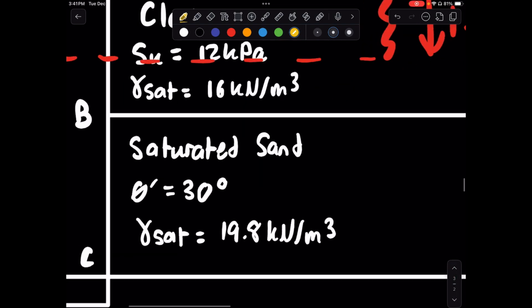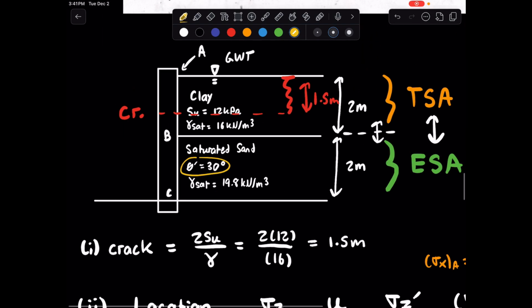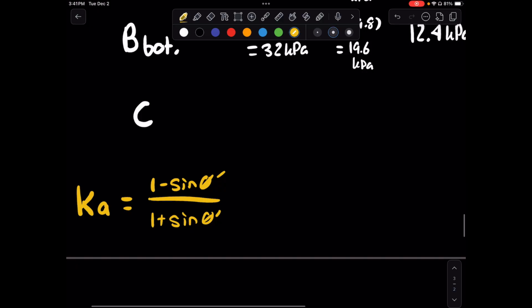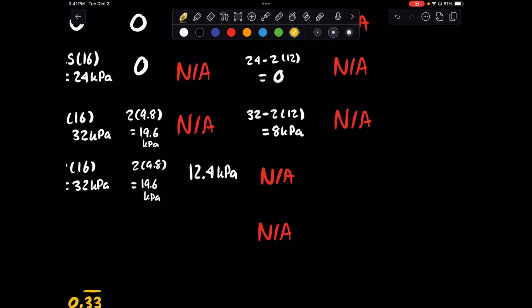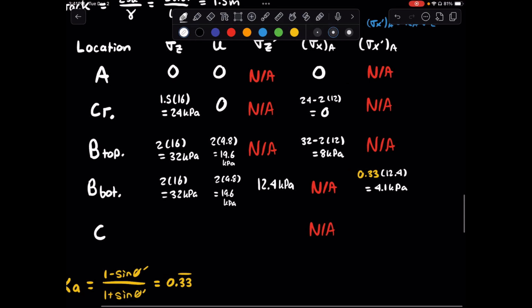What's our phi value? 30. So 1 minus sine 30 over 1 plus sine 30 comes out to be 0.33 repeating. We'll just say 0.33 for the calculations. So in this case, we're going to do 0.33 times 12.4, and then that gives you 4.1 kPa.